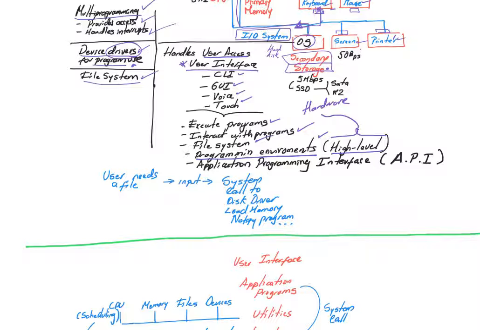You can manipulate those because the operating system provides an interface between programs and the hardware, and that's called the application programming interface, the API. You might have heard that before.